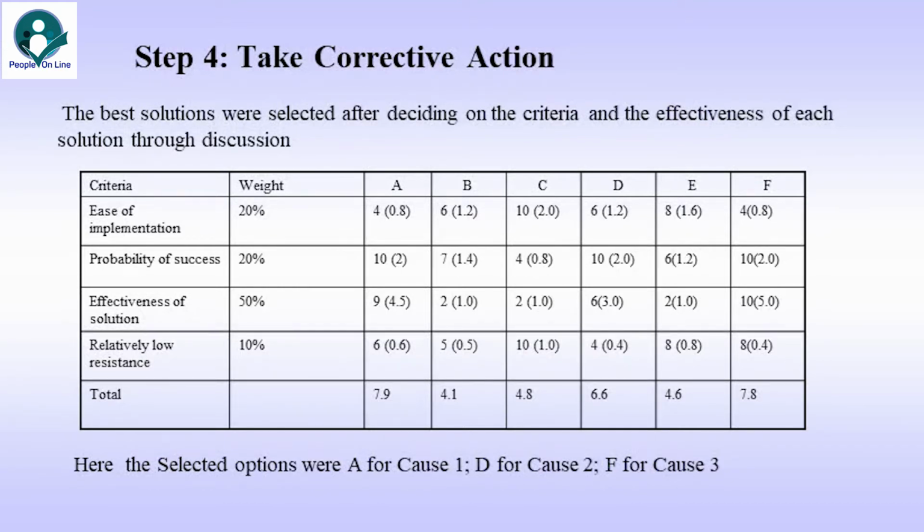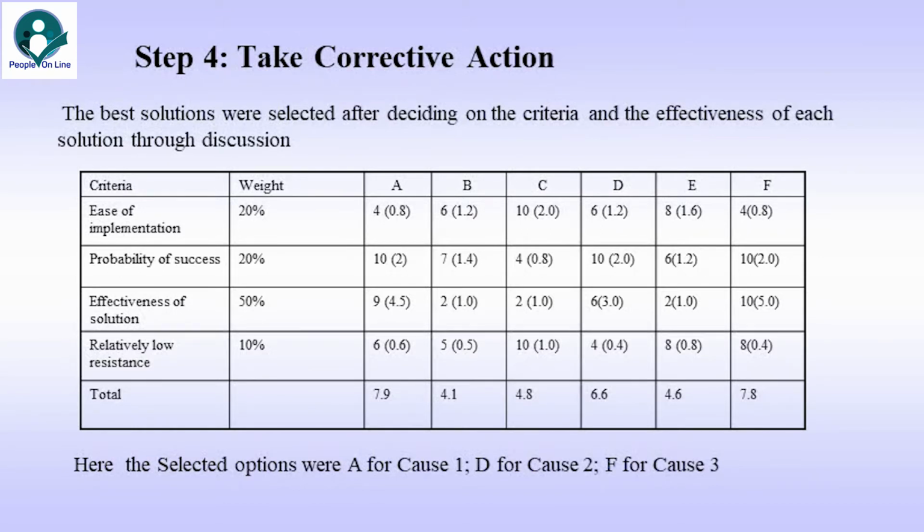A and B were solutions aimed at removing cause 1, and we can see that A has got a score of 7.9 and B 4.1. Therefore, A got selected. Similarly, C and D were solutions which were arrived at to neutralize cause 2, and D with a score of 6.6 is better than C at 4.8, so D got adopted.